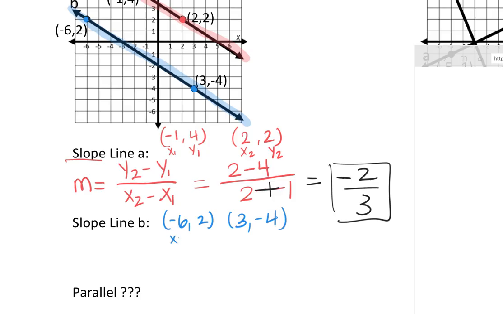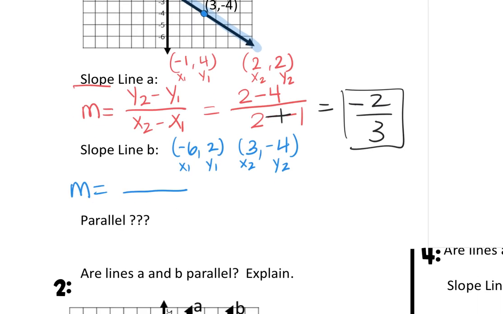This is x1, y1. This is x2, y2. Let's fill in what we know for our formula. y2 minus y1, so negative 4 goes first. The formula already has a minus, and we have a 2 for y1. That should be the top of your slope formula.